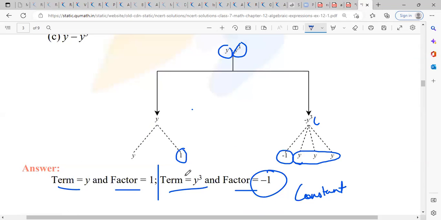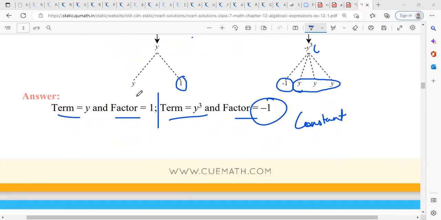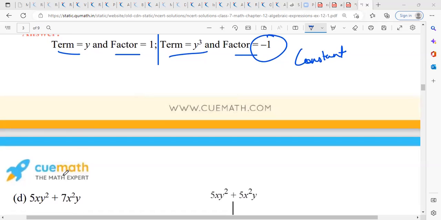Just write it down. Okay. Now you will do the next one, which is this D part.